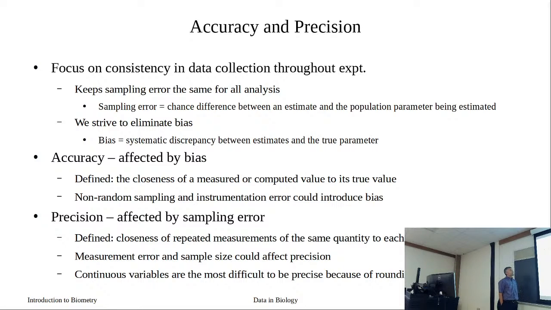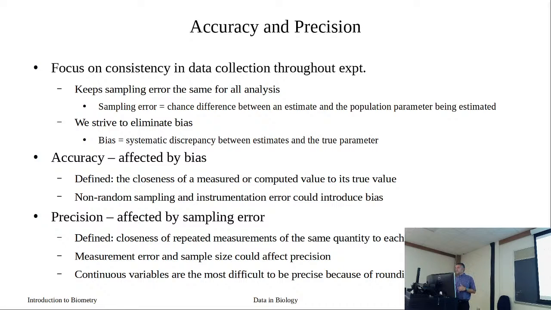Our goal is to keep the sampling error the same for all of our analysis. So what's our sampling error? That's a chance difference between our estimate and our population parameter. So if we truly have a representative sample, a random sample, then we're minimizing our sampling error.